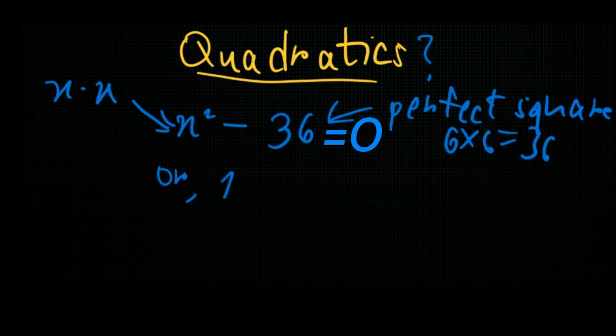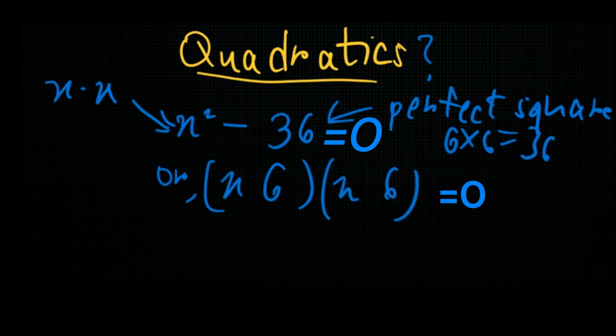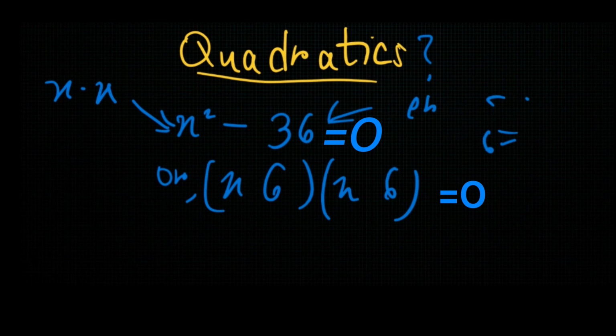So we can assume that it will be x, 6 multiplied by x, 6. Now the question is, which sign should we put here? Of course the addition sign cannot be put on both, because there is a negative sign over here. So what if we put a negative sign on both?